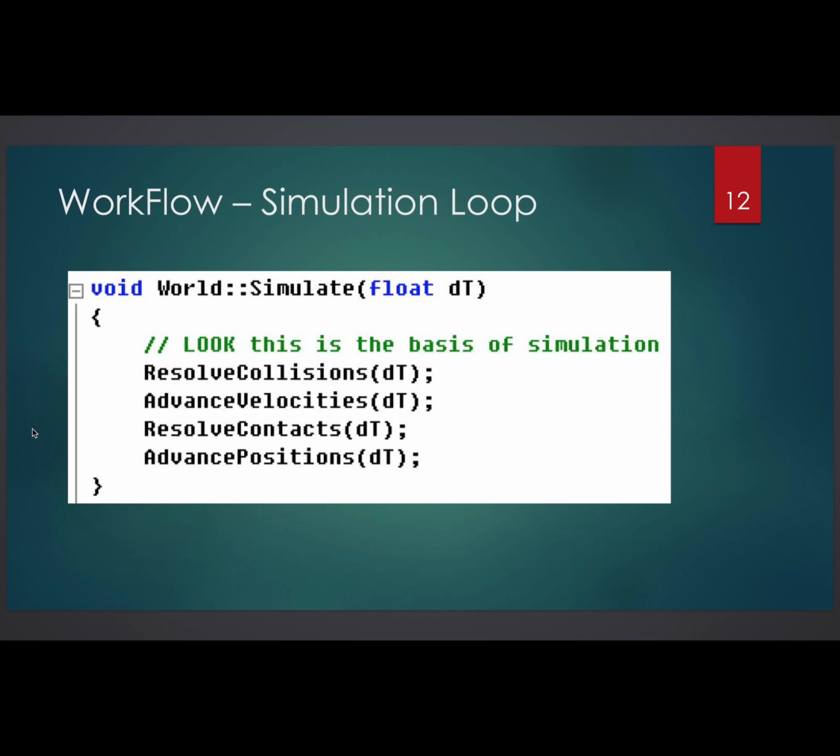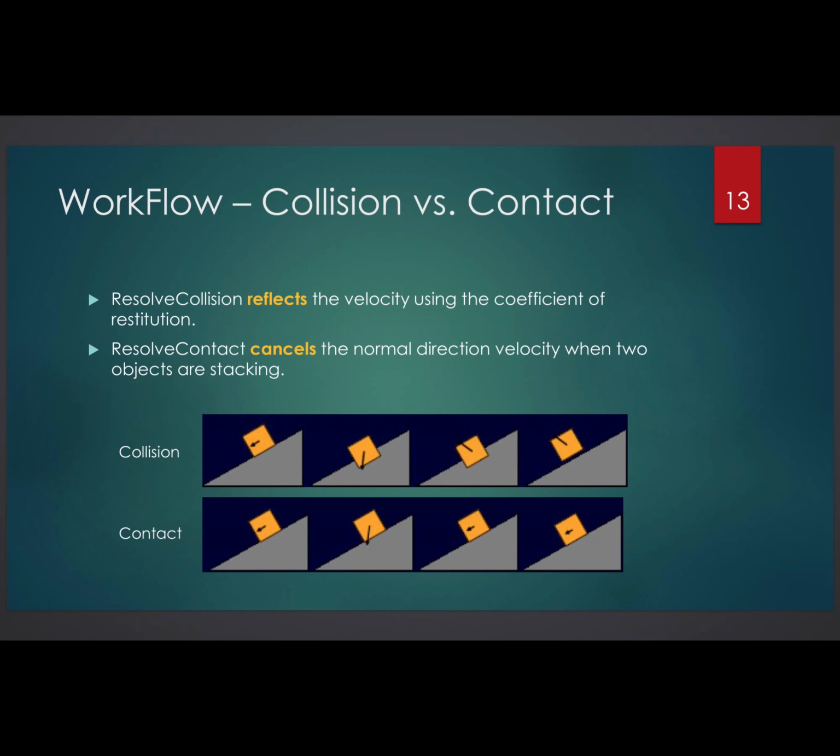In our main simulation loop, your main task is to resolve collisions and contacts. There is a difference between collision and contact. To resolve collision, you have to reflect the velocity using the coefficient of restitution, and to resolve contact, you have to cancel the normal direction velocity when 2 objects are stacking.